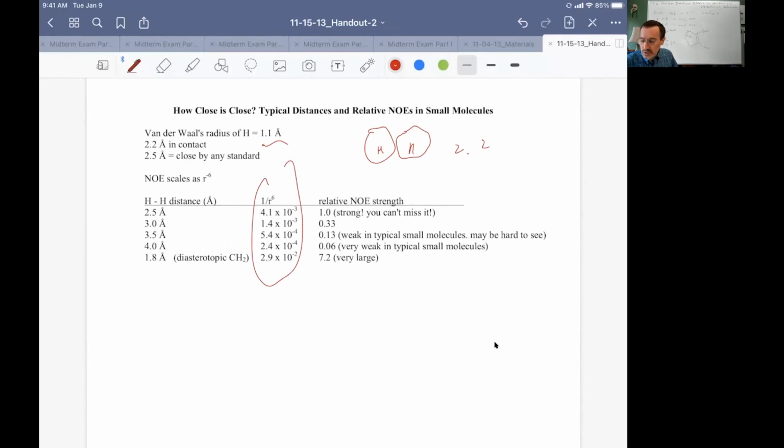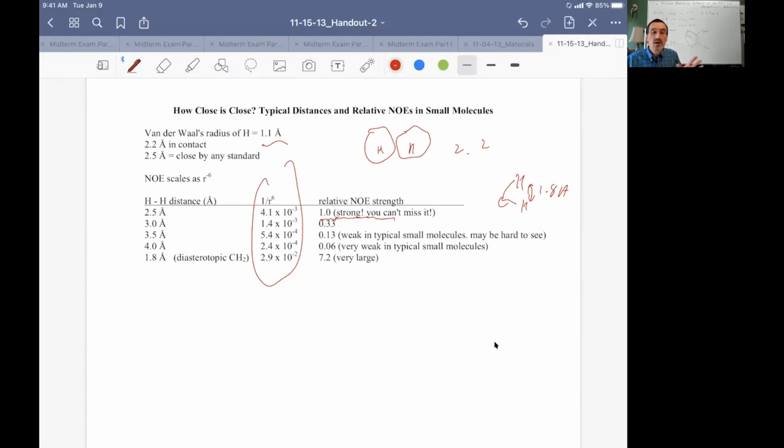So that's as close as you would get, except in a methylene situation where those 2 hydrogens are 1.8 angstroms apart. So I said, let's pretend we normalize 2.5 angstroms, since that's pretty darn close.